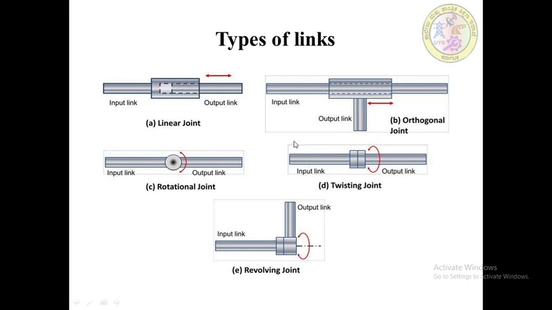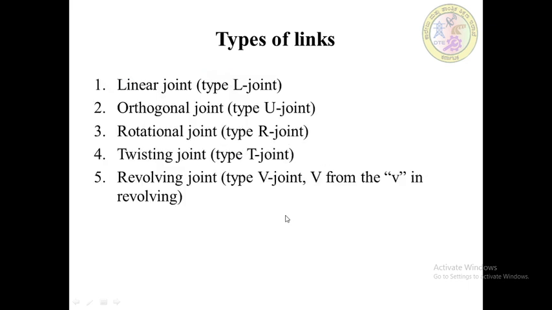This joint is known as the twisting joint. Coming to the revolving joint, with respect to the input link, the output link is revolved about the x-axis only. The swinging portion is referred to by the y-axis, but about the x-axis only the output link is rotated.